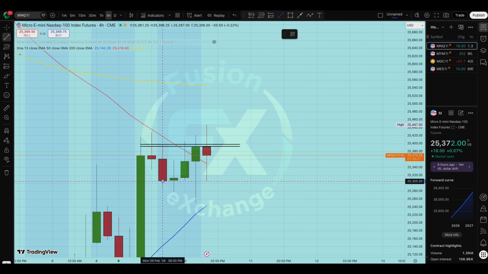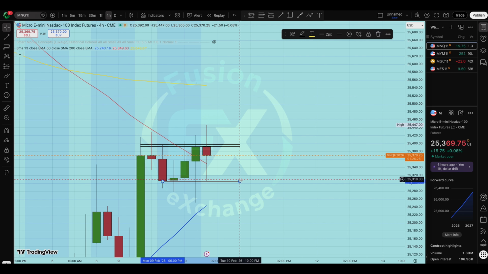As we go down to the lower time frame, we will start to polish it up. And we scale down, taking time to adjust the zones as we go down to the entry time frame, which is the 5 minute.